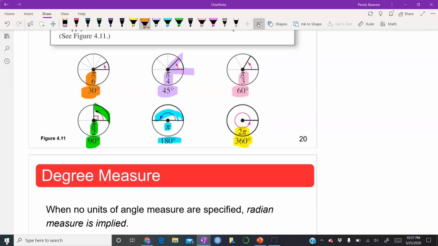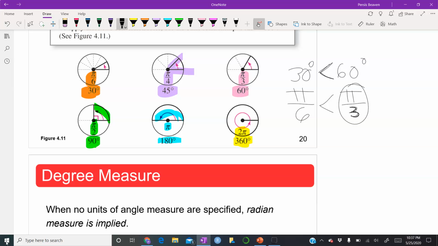Now, those two that I left at the end are kind of confusing. I want you to remember this. If we compare 30 degrees and 60 degrees, which one is bigger? 60 degrees is bigger. So if we compare the two in radians, pi over 3 and pi over 6, which one will be bigger? The bigger will be pi over 3 because it's being divided by a smaller number.